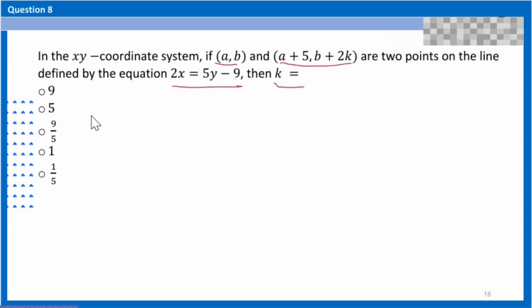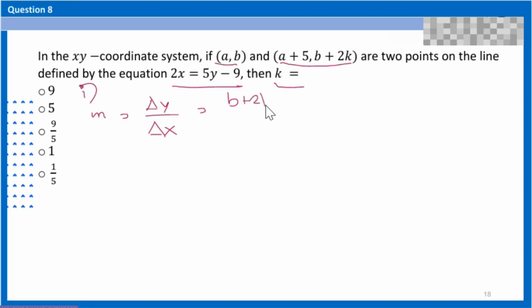Remember what we did? The slope, or the value of m, is the difference of y coordinates divided by the difference of x coordinates of the 2 points. So one way could be this, right? You could say, okay, the slope equals the difference of y coordinates, which is b plus 2k, take away b, and the difference of x coordinates would be a plus 5, take away a.